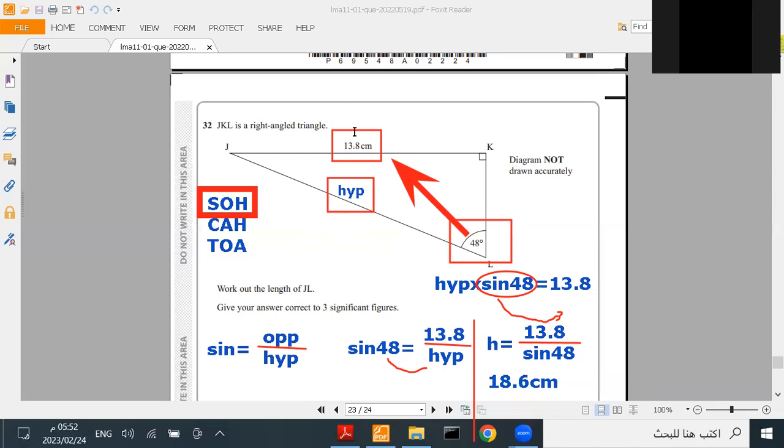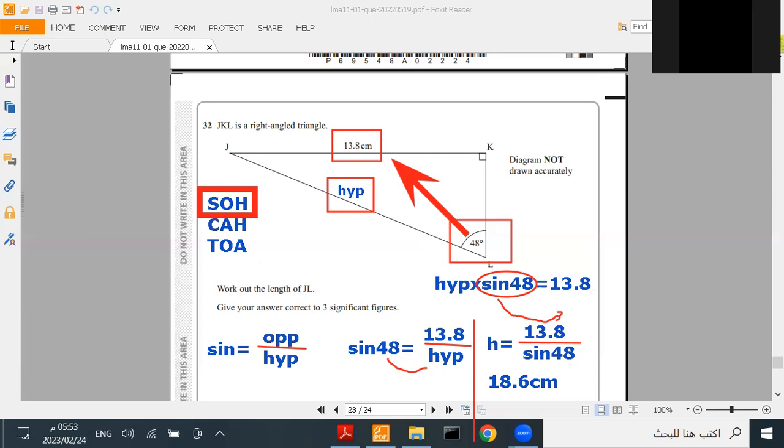I have the opposite and want the hypotenuse, so I look at the three rules: SOH CAH TOA, sine, cosine, tan. The rule with the opposite and hypotenuse is the one we work with. We can't work with adjacent because we don't have it. After finding the rule, I say sine equals opposite over hypotenuse. Sine 48 equals 13.8 divided by height. I moved the hypotenuse by multiplying, then moved the sine dividing, giving 13.8 divided by sine of 48, which is 18.56. Rounded to three significant figures, it's 18.6. Now, let's move on to the next question.